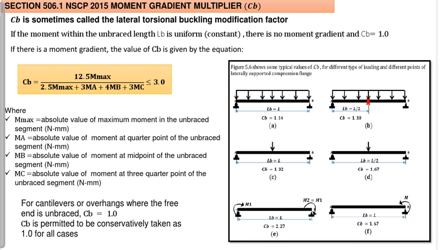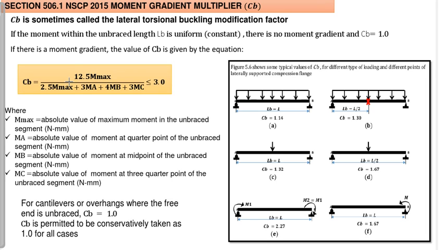Okay, so this is from section 506.1 of our NSCP 2015, the moment gradient multiplier, CB. This is sometimes called the lateral torsional buckling modification factor. Okay, so according to our NSCP code, CB is given by this equation.